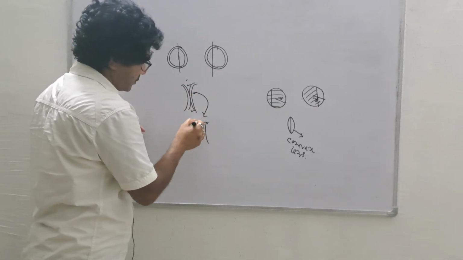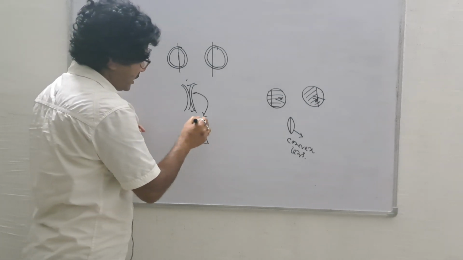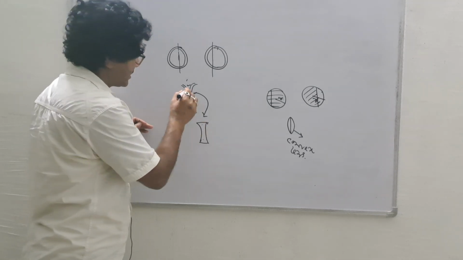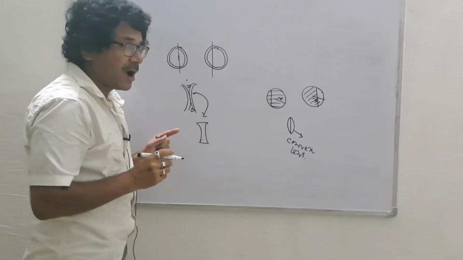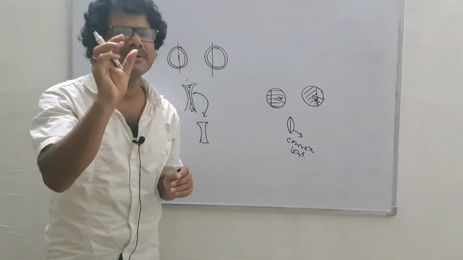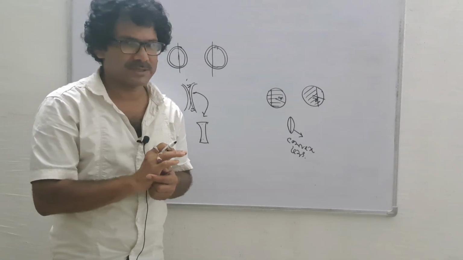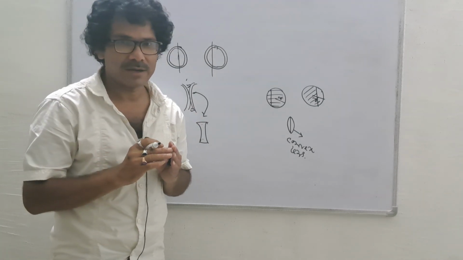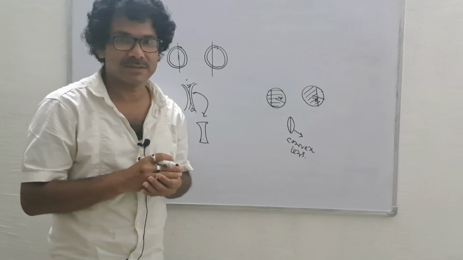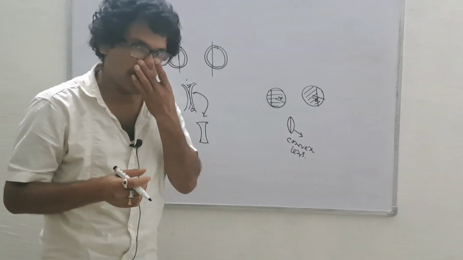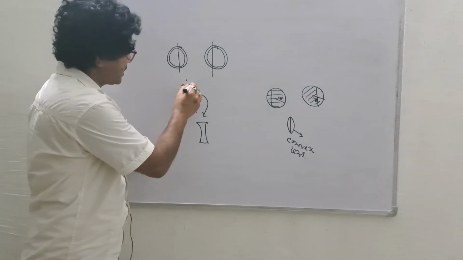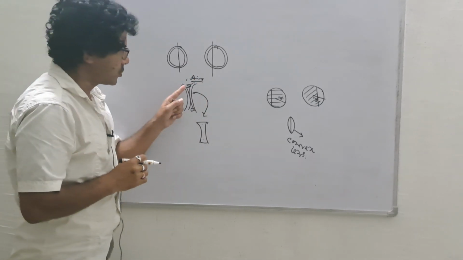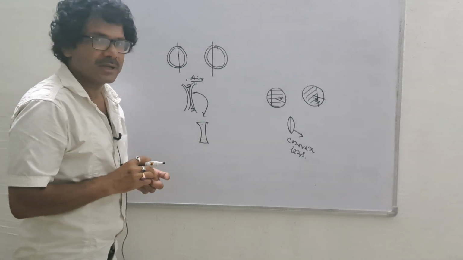So in case of a concave lens, we get hollow spaces at the edges. This is a hollow space, this is a hollow space, but this hollow space is very, very minimal. It is not visible to our naked eyes. And this hollow space is generally filled with air.